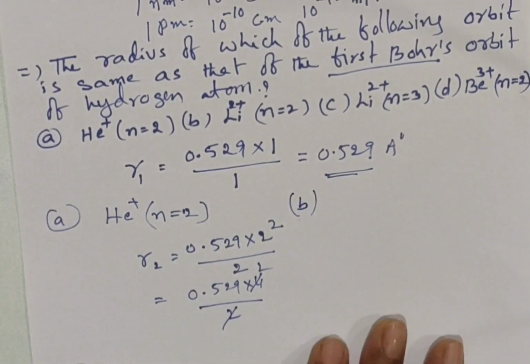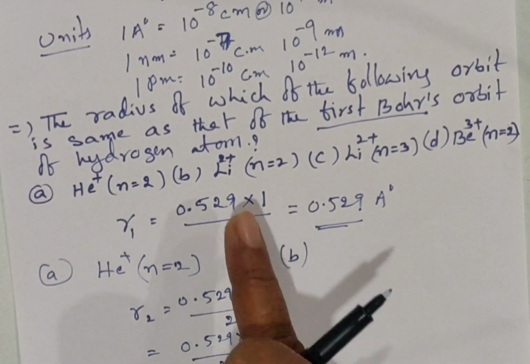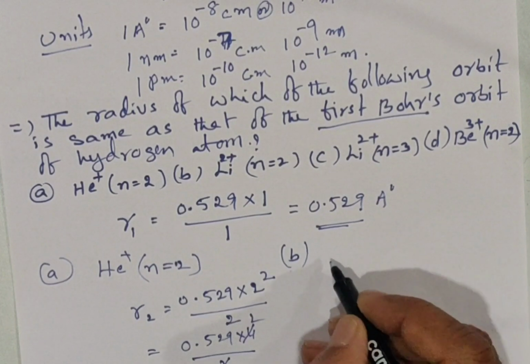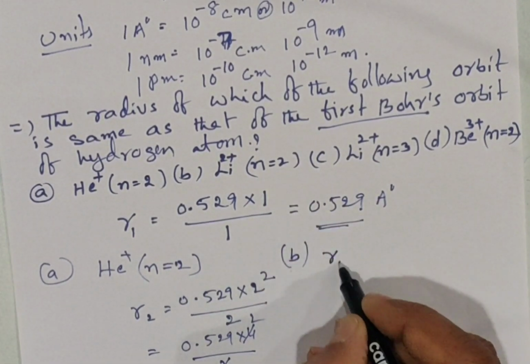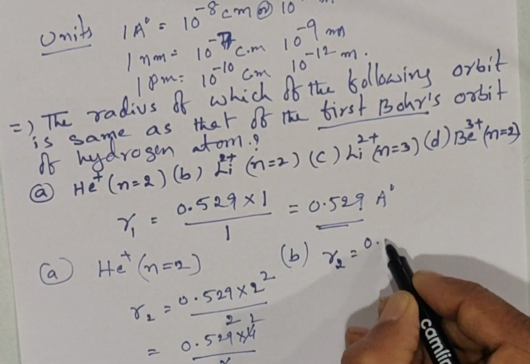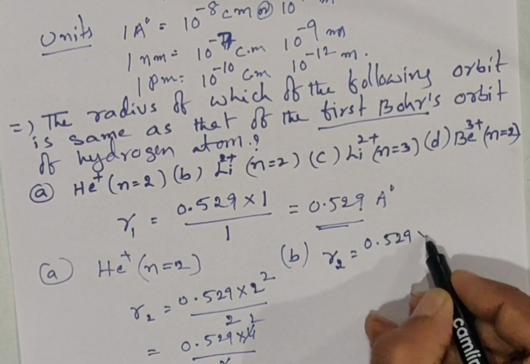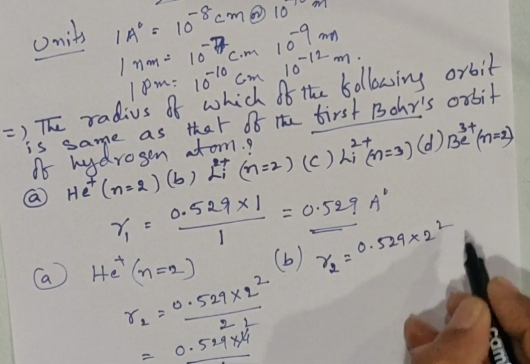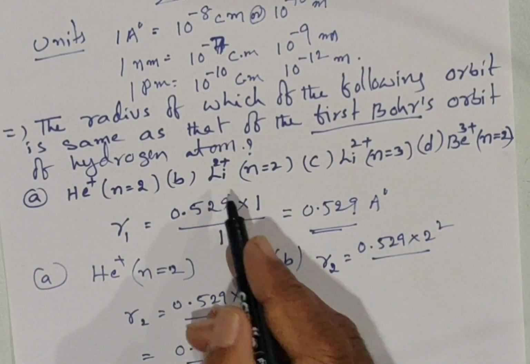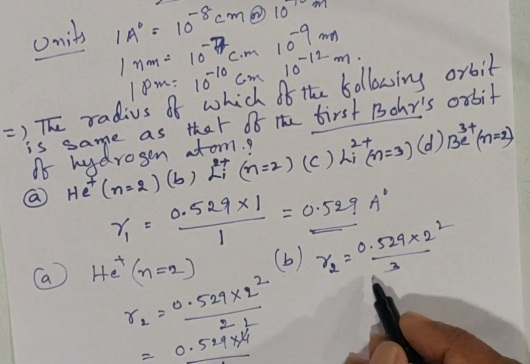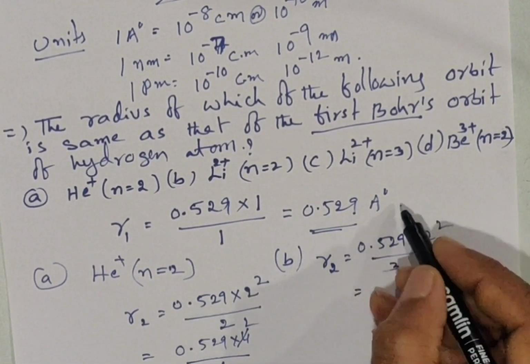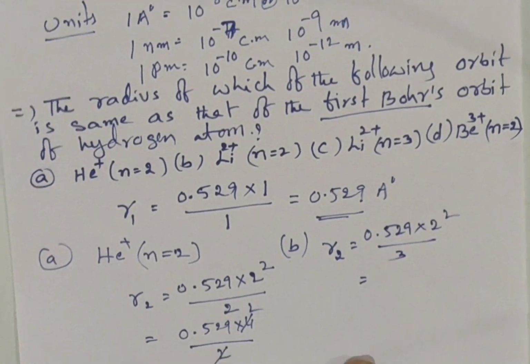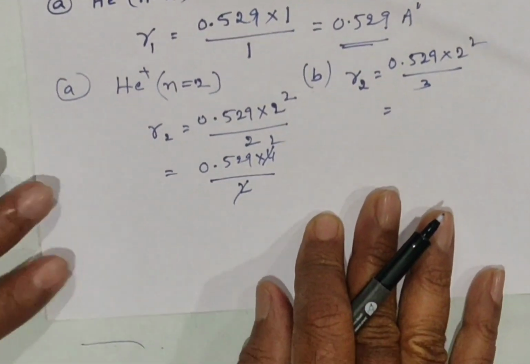Then you have to analyze the B option. B option is lithium. That is R2, n value 2, that is 0.529 into n value 2, means 2 square by Z of lithium 3. Then it is not equal to 0.529. That's why this option is also not correct.